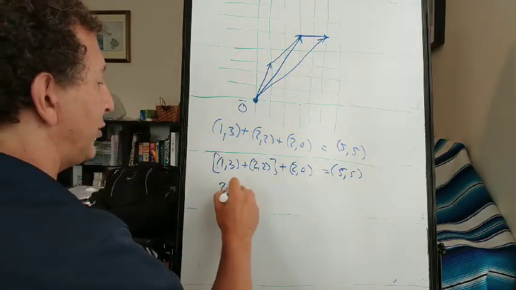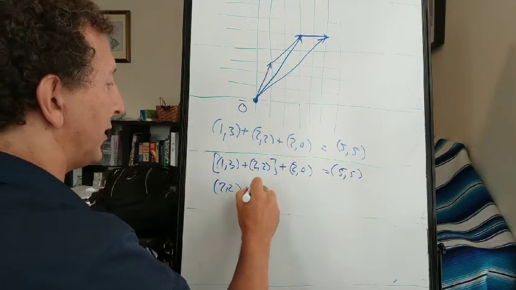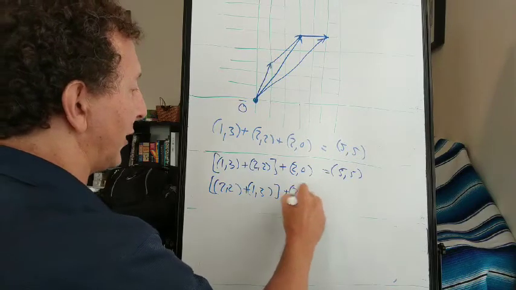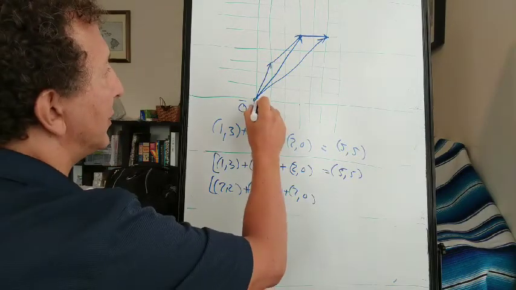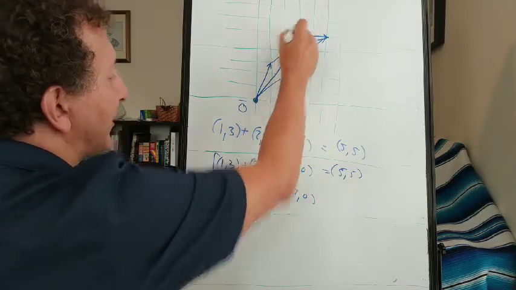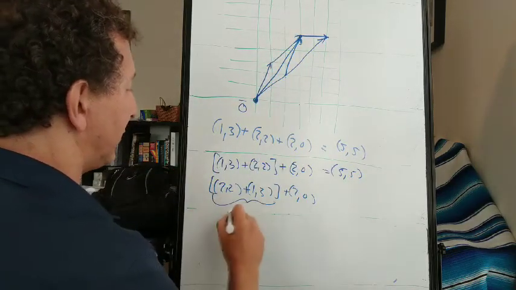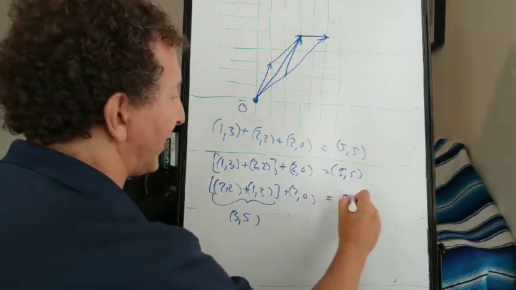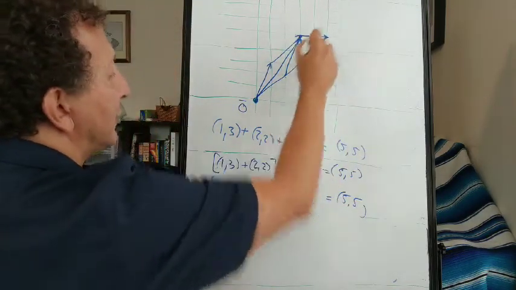And if we add (2, 2) plus (1, 3) first and then (2, 0) afterward, well (2, 2) plus (1, 3), we're going up to this same point. So this is still (3, 5), and then we add (2, 0) to that and we get (5, 5) again.